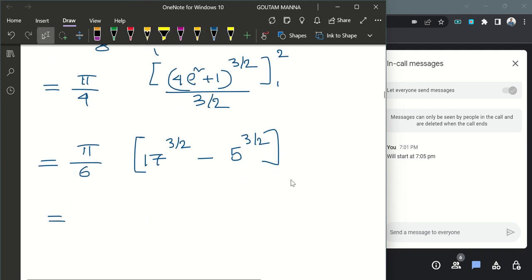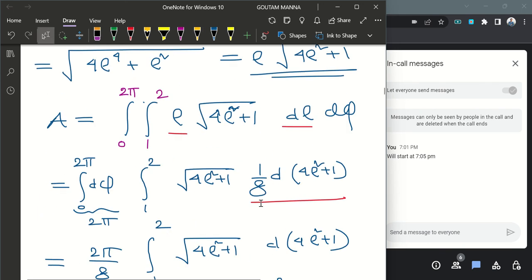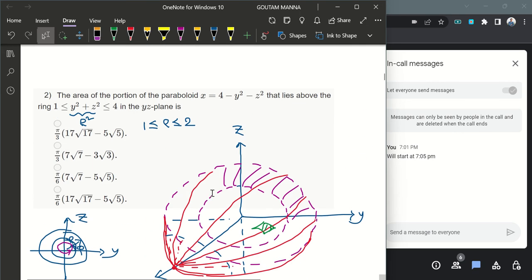That is pi by 6 times 17 root 17 minus 5 root 5. That's the area of this paraboloid portion which is above this ring. So the correct option is the fourth one.